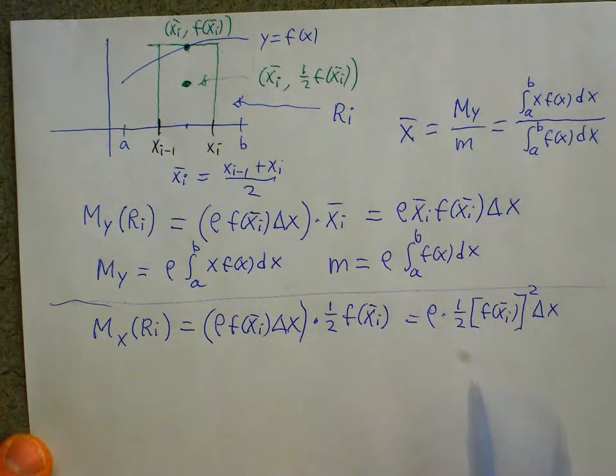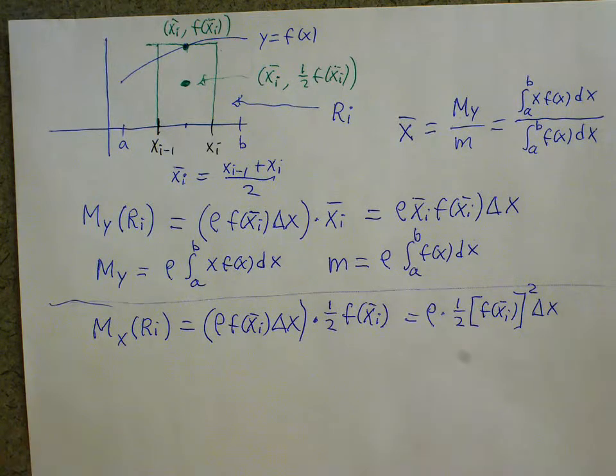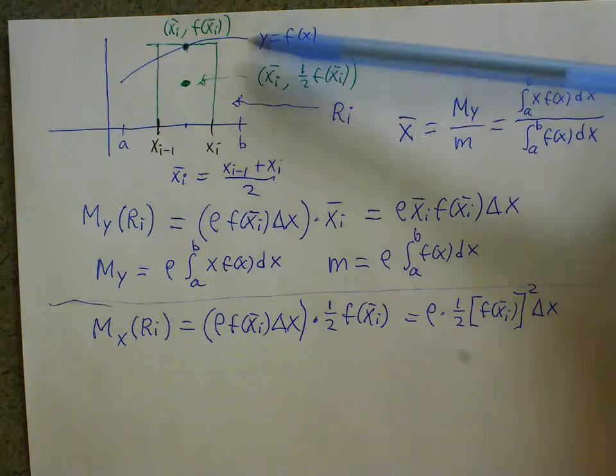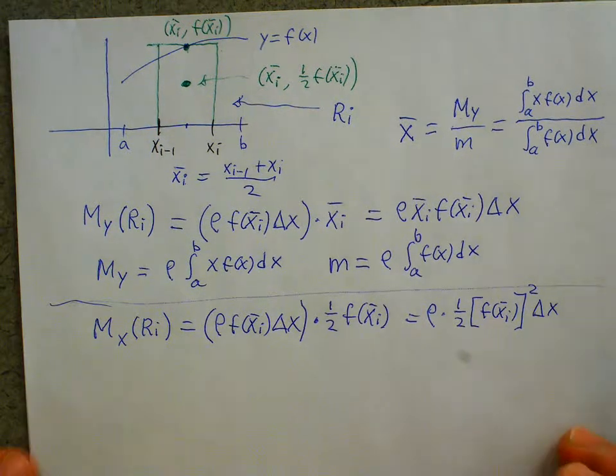We get one of those for each of the n rectangles, so when we add those n terms, we get an approximation of the moment of the entire region about the x-axis.